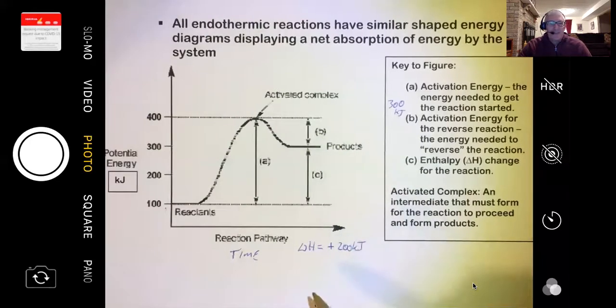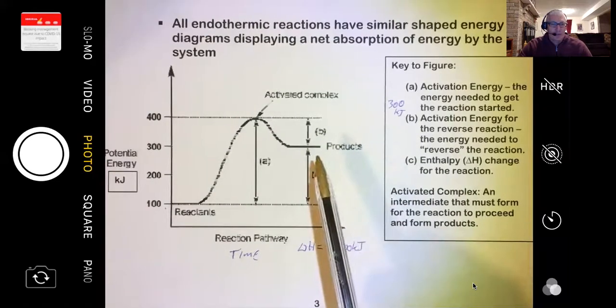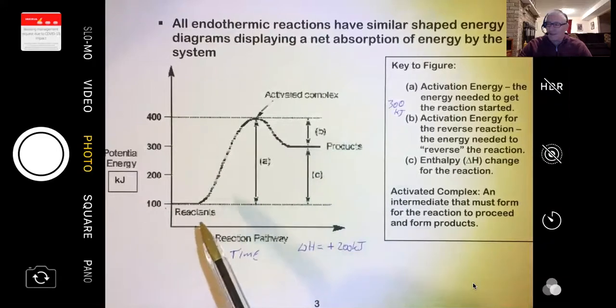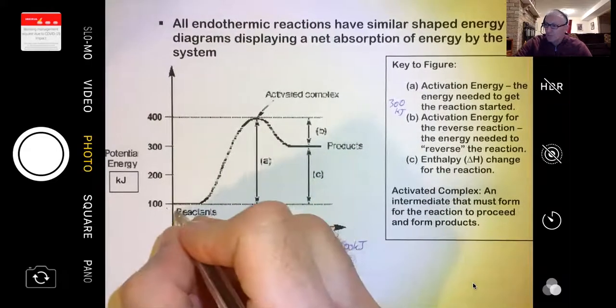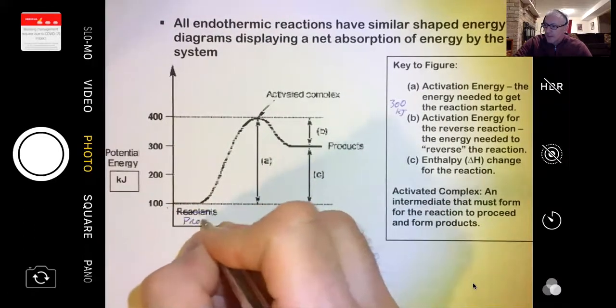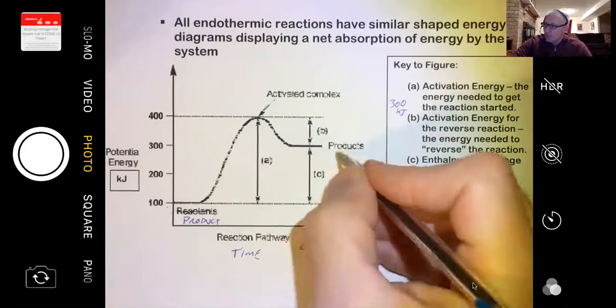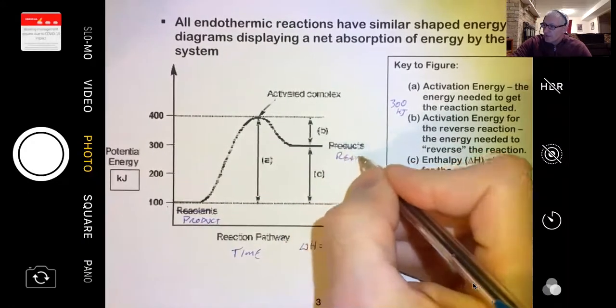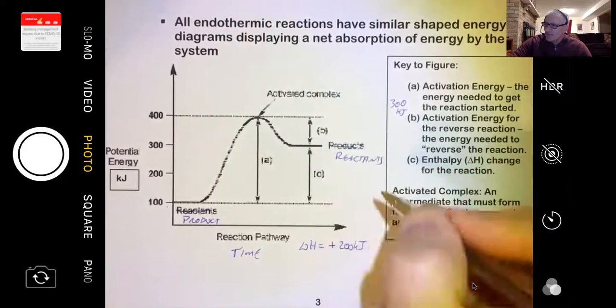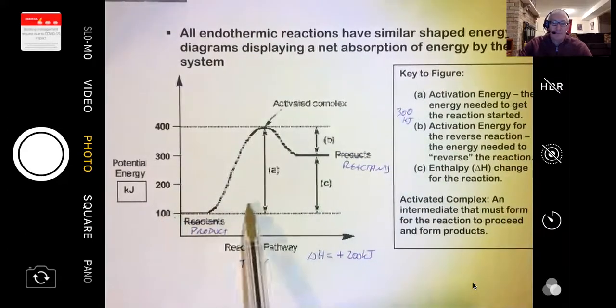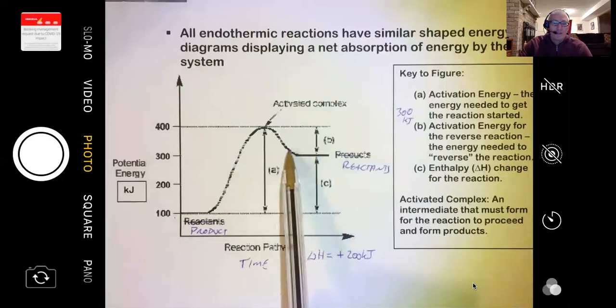Let's say we wanted to consider the reverse of this reaction. The reverse of this reaction would make the products be over here, and then the reactants would be over here. And we would just have to mentally flip this. And instead of going from left to right, we'd be going from right to left.